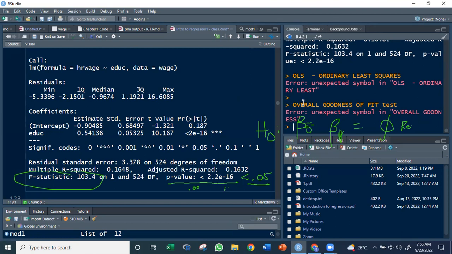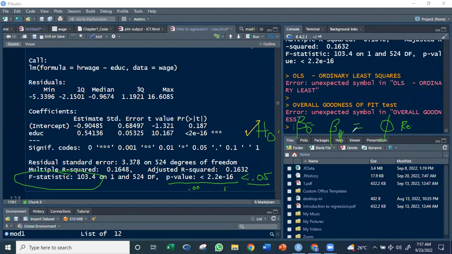Anyone, class? So for your overall goodness of fit test, which uses the F statistic, our hypothesis is H null: beta null is equal to beta 1 is equal to 0. And our inference here is that we reject the null hypothesis that beta null is equal to beta 1 is equal to 0.